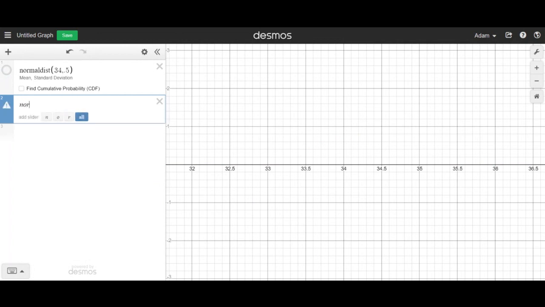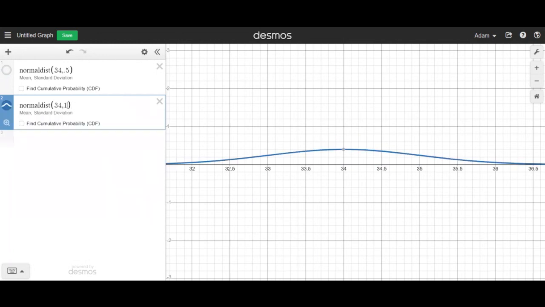So we have normal DIST, parentheses, 34. And the next standard deviation in the slides I asked you to graph is 1. So let's do that, 1. Nope. Here you want the 1 in parentheses. So I move to the left, type 1, and we get this graph.